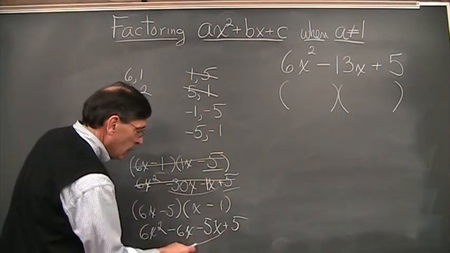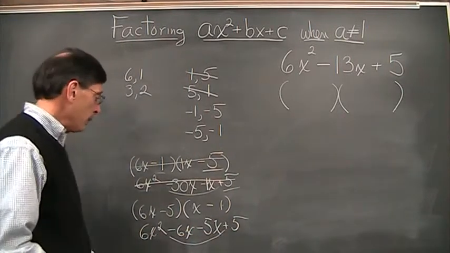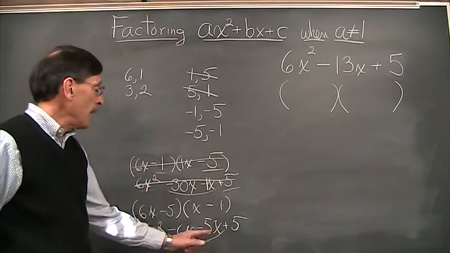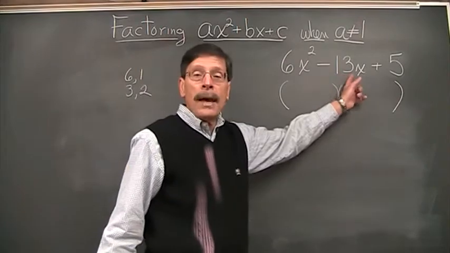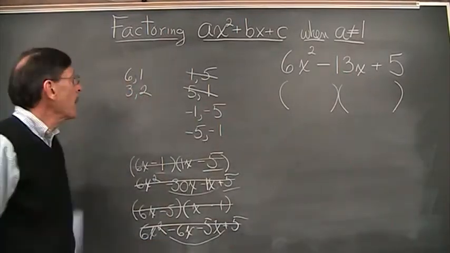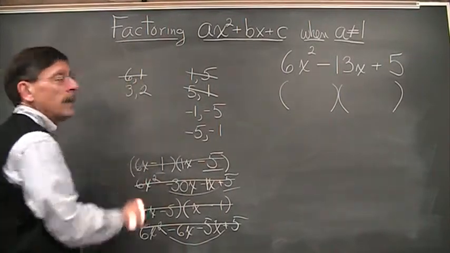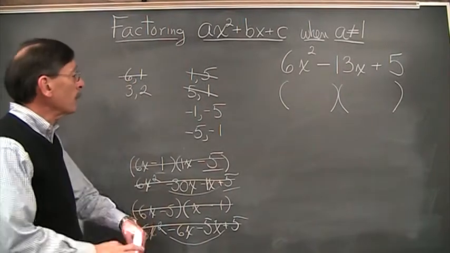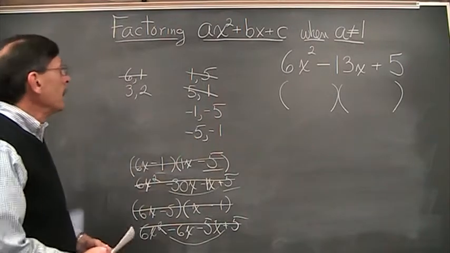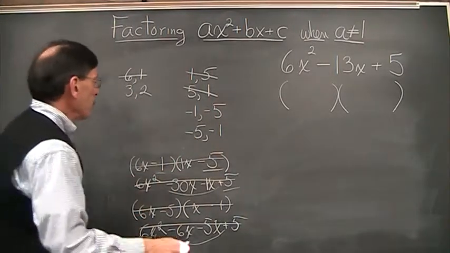And since all the action is in the middle term, negative 6x, negative 5x, we'll just check directly. Gives me negative 11x. Doesn't match. So this check does not work. And 6 and 1 is out as a possibility because I checked all the possibilities for the last positions already. So we're left with 3 and 2.